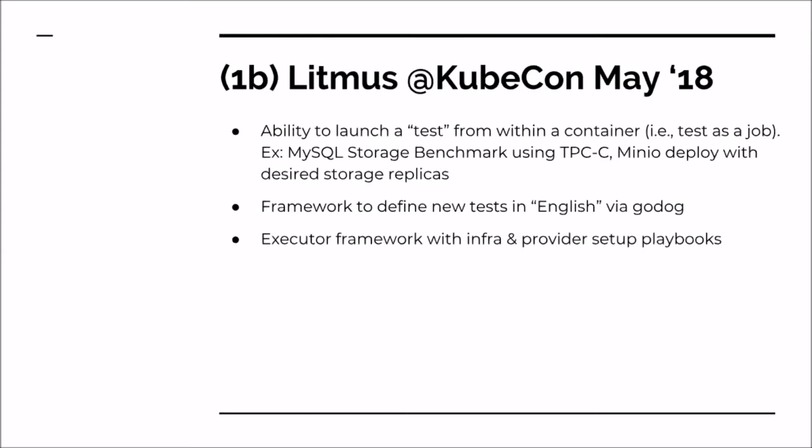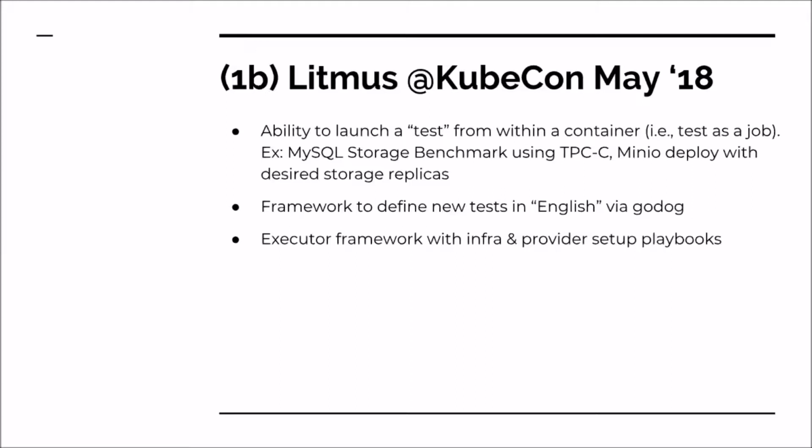The other capability that was presented during that time was a framework which can define new tests in a very simple way, in an almost English-like manner. We used the Godog framework to parse a set of test statements into Go code. Basically, it was parsed and Go code was generated. This Go code was encapsulated in a container which was run as a job.